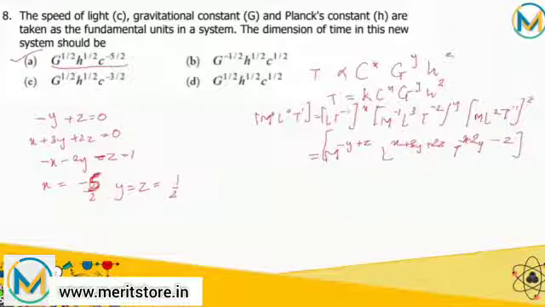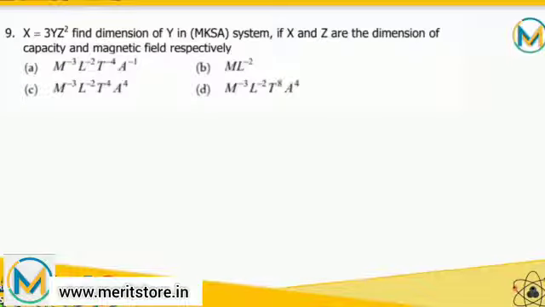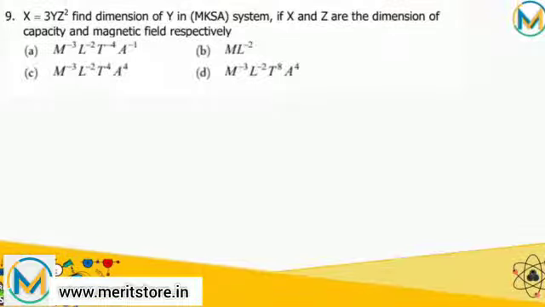Moving towards the next question. X = C y z^2. Find the dimension of y in the MKSA system if x and z are the dimensions of capacity and magnetic field respectively.